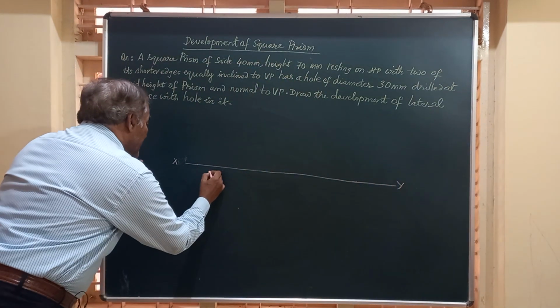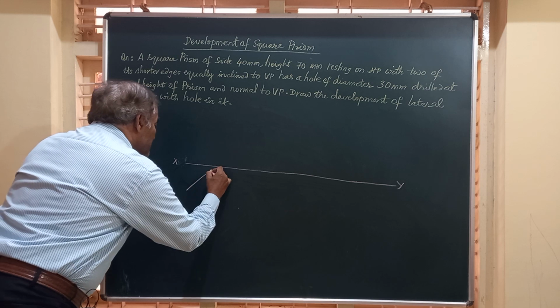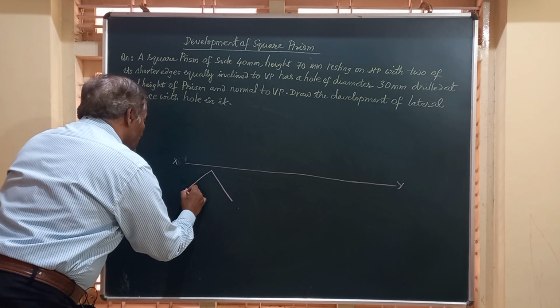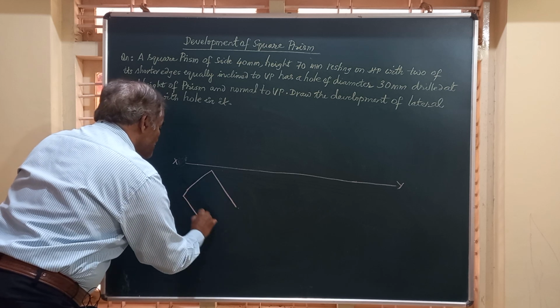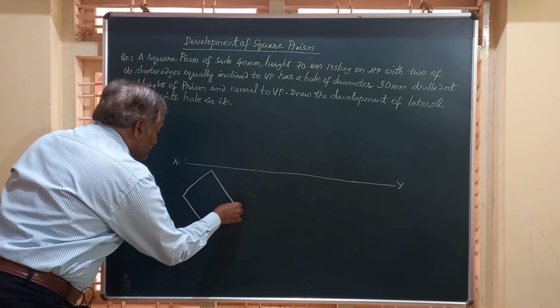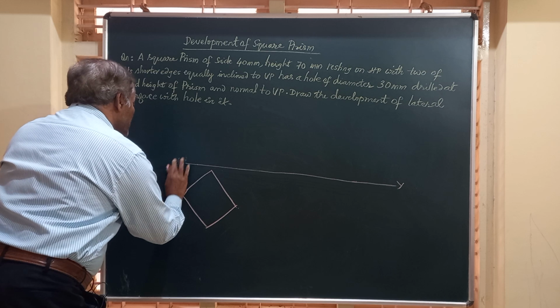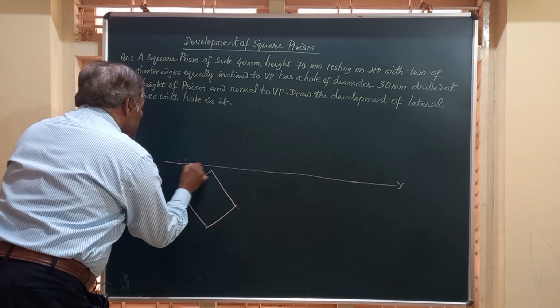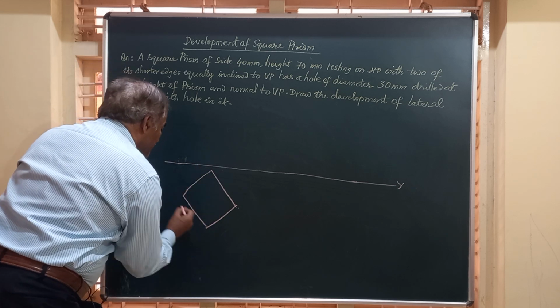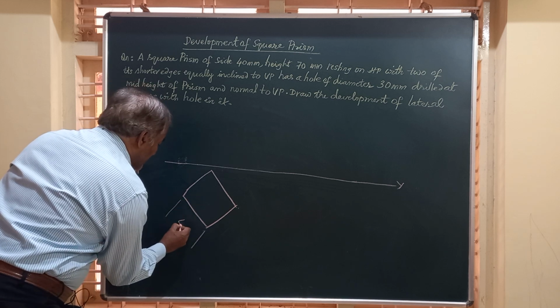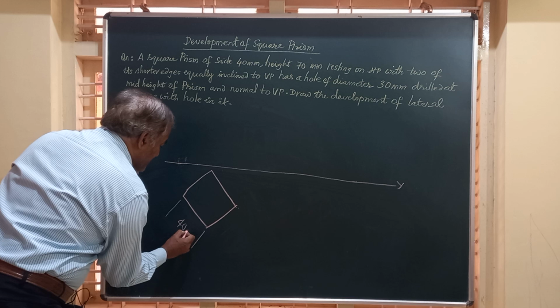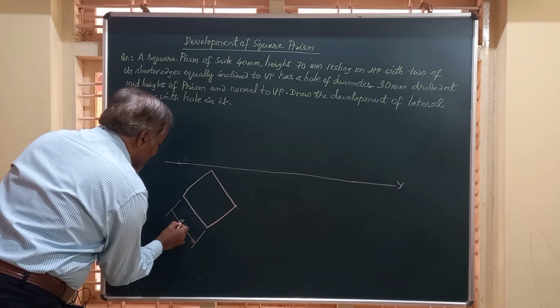And here I mark a square of the given dimension. It has a dimension of 40 mm, so each of these sides measures 40 millimeter. You can say 40 SQ or simply 40 here.